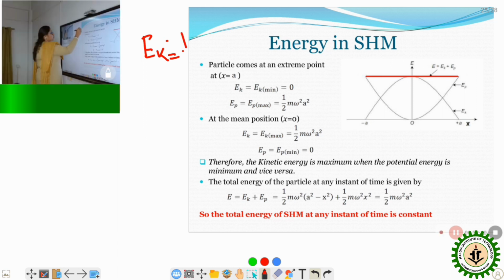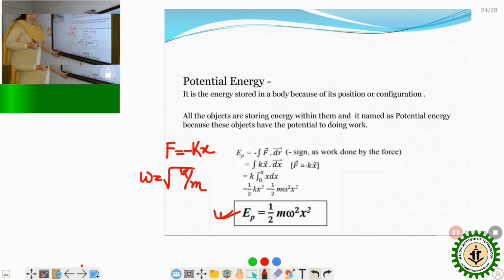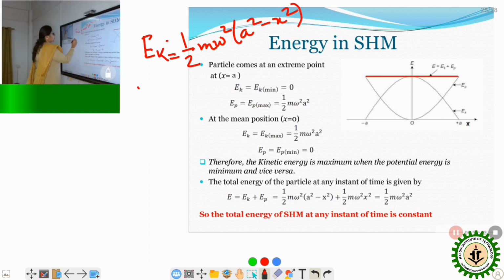Ek equals to half m omega square a square minus x square, and EP equals to half m omega square x square.